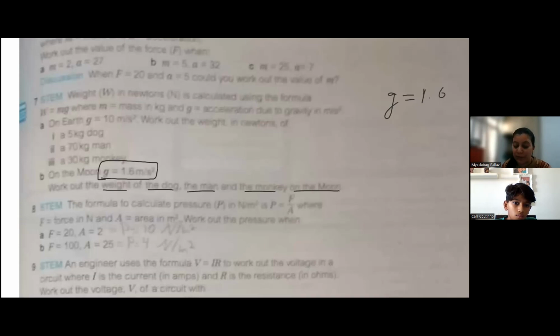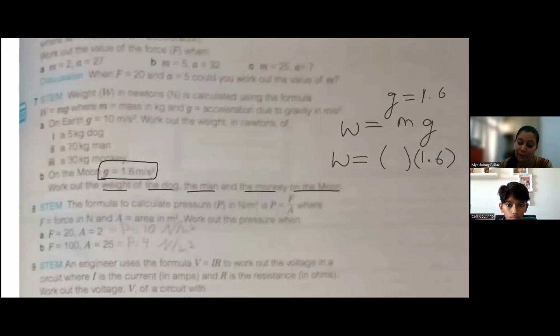The formula will be the same. W is equal to mg. Now the value of g is constant, which is 1.6. For different values of m we'll put them over here to find different values of W.